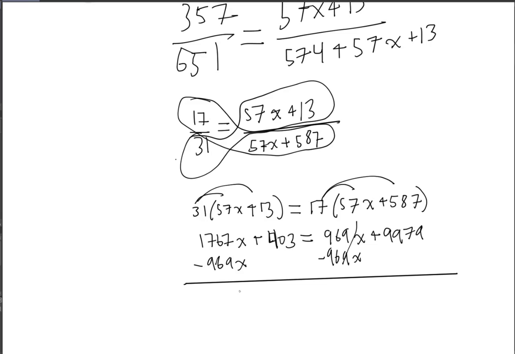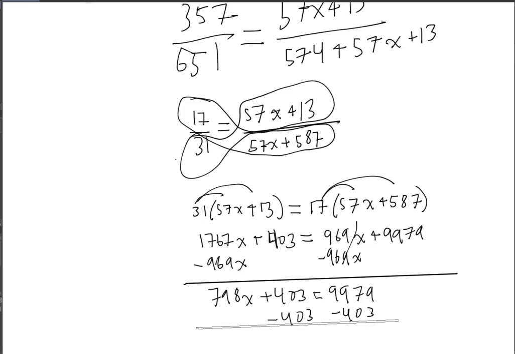So I have 798x plus 403 is equal to 9979. And I'm going to go ahead and subtract 403 from both sides, right?